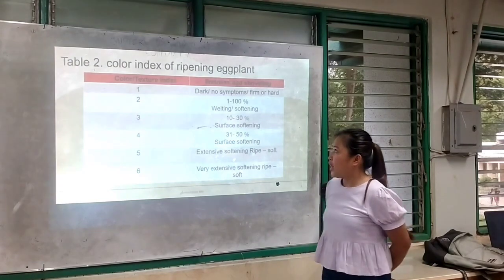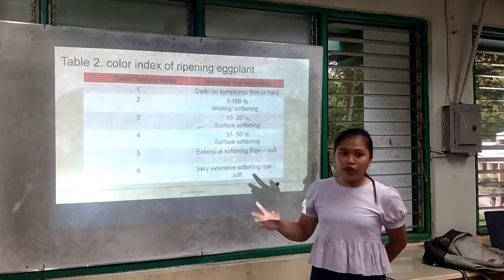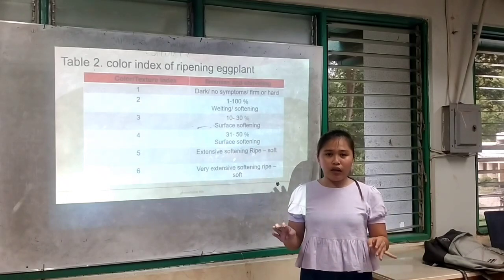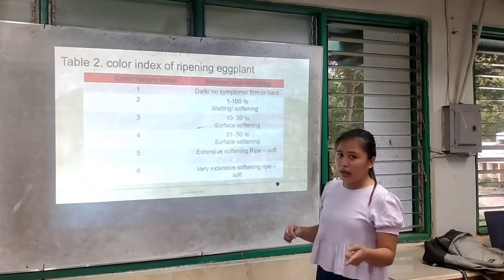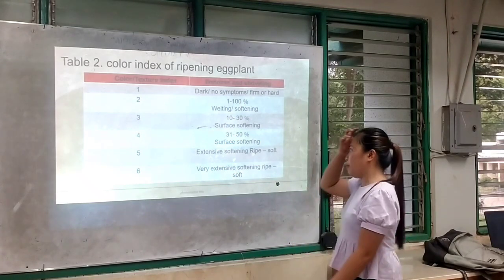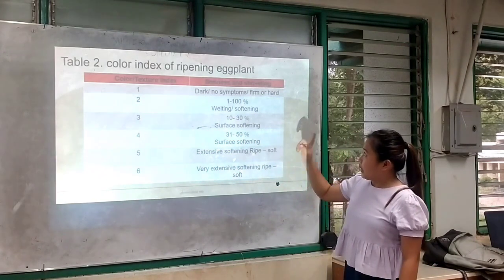Here in Table 2, you can go back to the results of our experiment, and this is the basis: the color index of ripening eggplant.